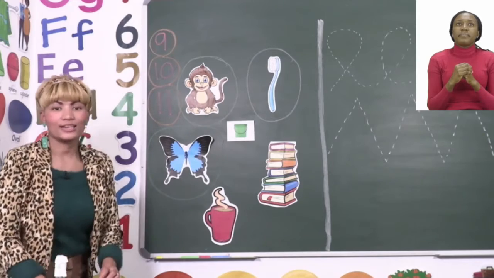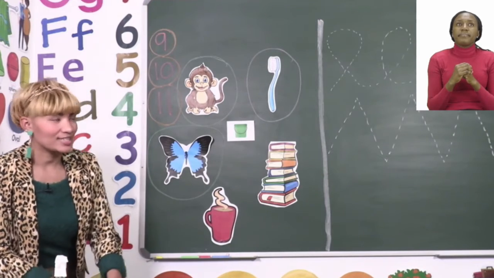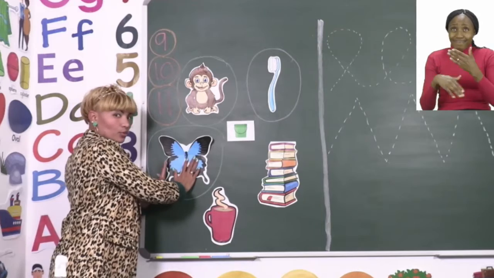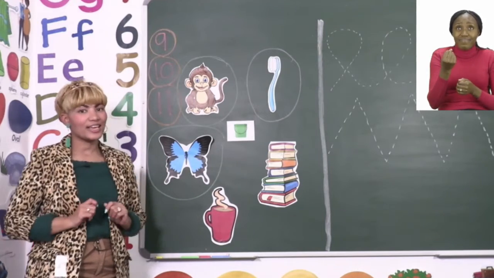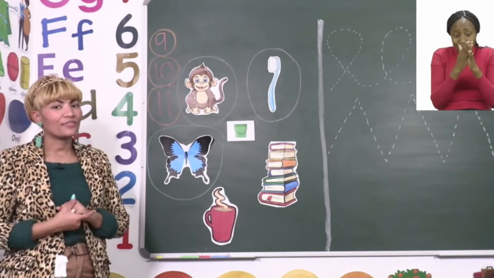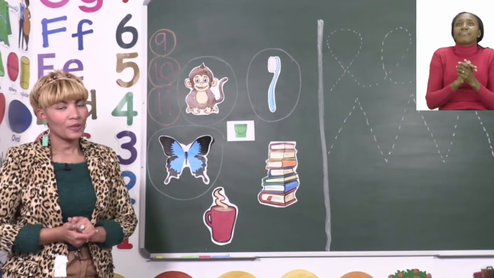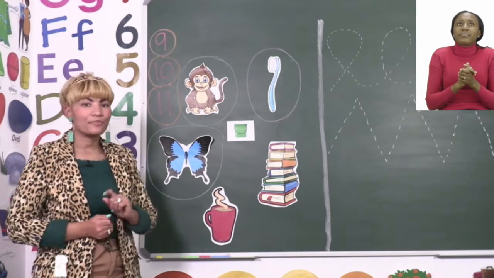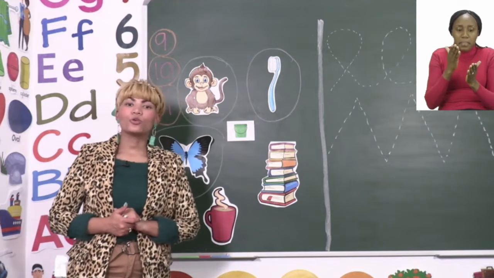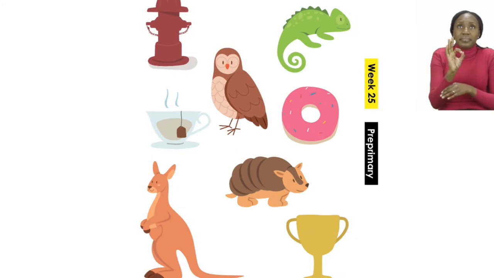Now remember everyone, all the pictures that I have on the board are not the same pictures that you have in your booklet. If you turn your booklets back to page 9, you will see that all your pictures are different.